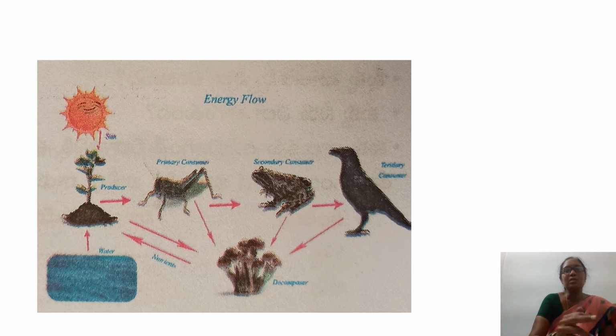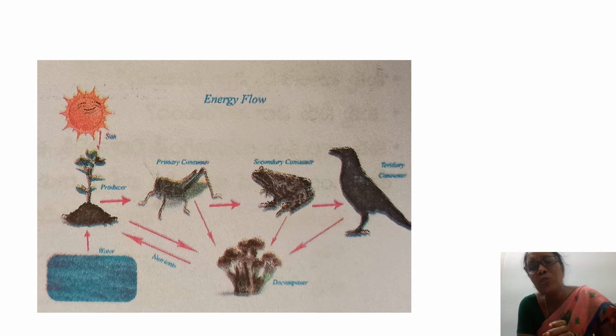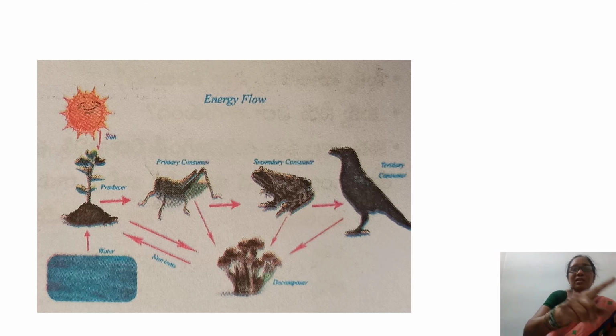This is about the food chain. Energy from the plant goes to the grasshopper, from the grasshopper to the frog, from the frog to the crow, from the crow to detritus and decomposers. That way energy recycles.